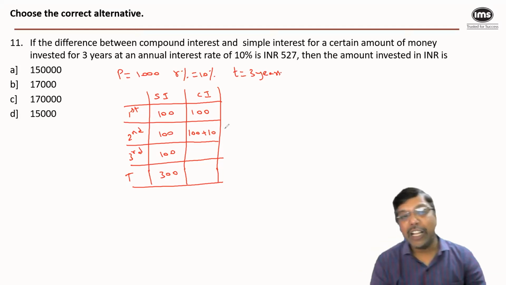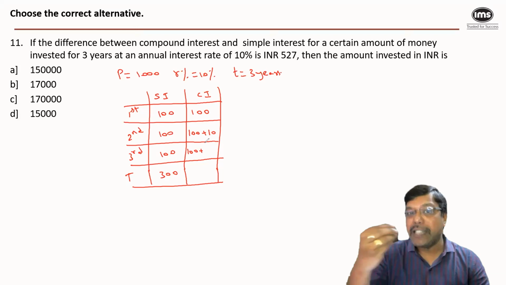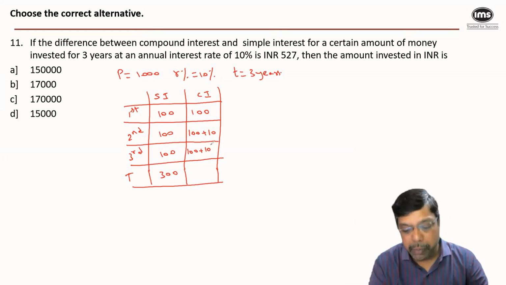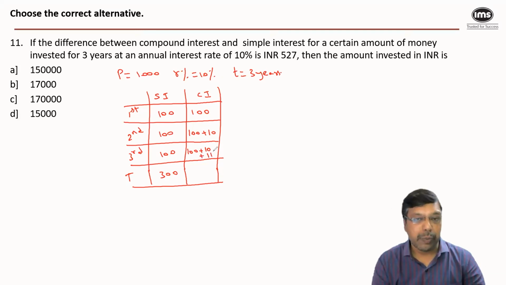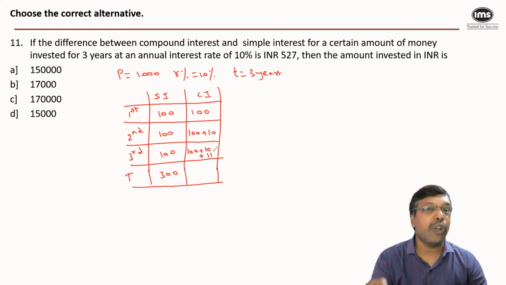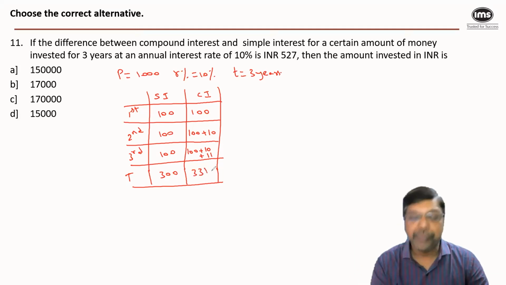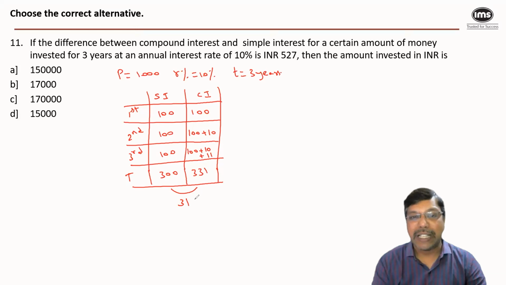For the third year, the compound interest is 100 rupees, which is on principal, plus interest on first year, that is 10 rupees, plus interest on second year, which is 11 rupees. Hence, the total compound interest for all the 3 years is 331. And if you observe, the difference between SI and CI is 31 rupees.